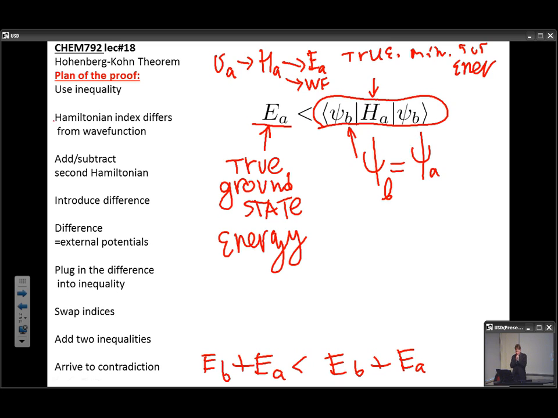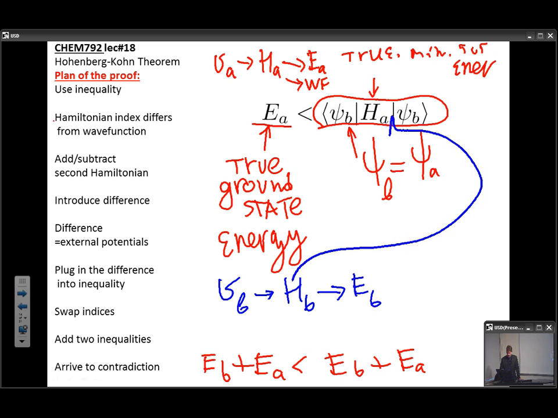So, as the next step, we add and subtract the second Hamiltonian into this expression. So there are no more logical steps until the very end.